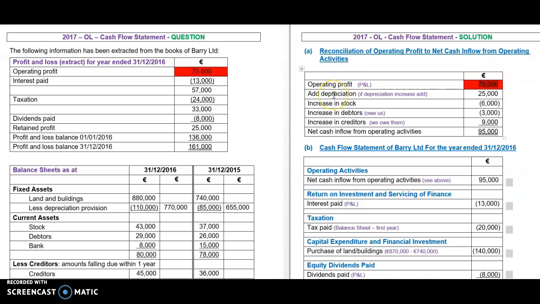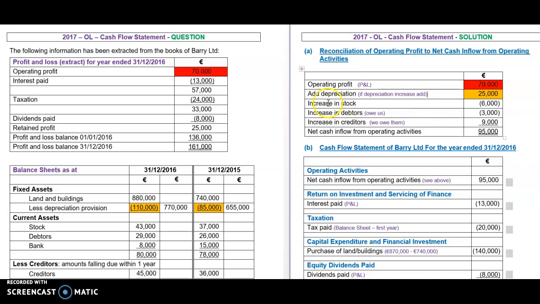Our next entry was depreciation, so we have to go to our balance sheet, and in 2015 you can see our depreciation was €85,000, and in 2016 was €110,000. So you can see that there was an increase in depreciation of €25,000 when I subtracted those two figures. Now you can see that figure is a plus 25,000. The reason being, if depreciation increases, then you always add.